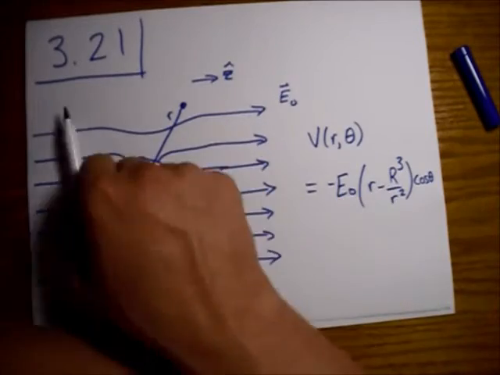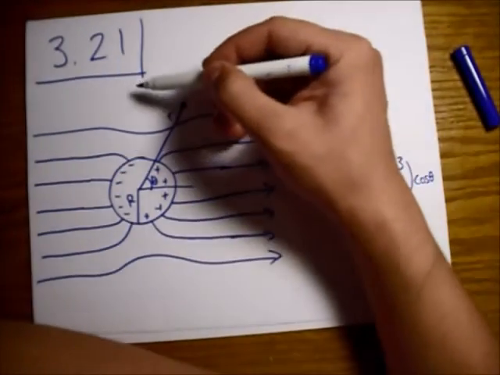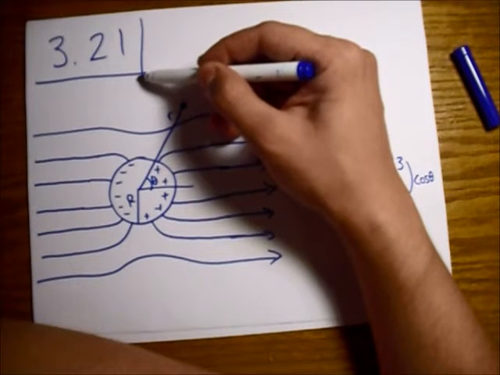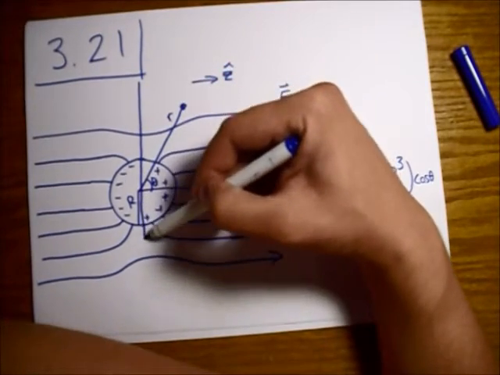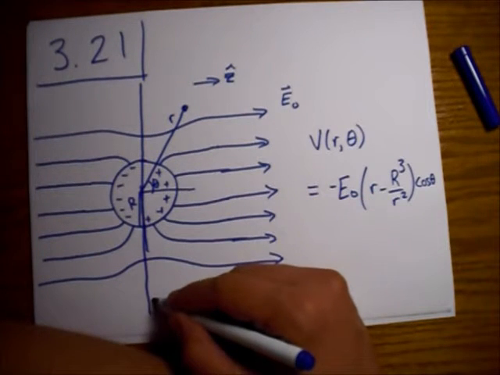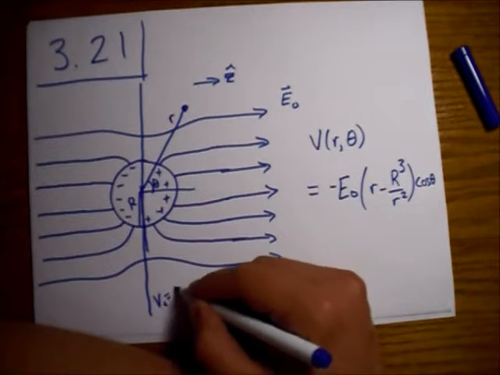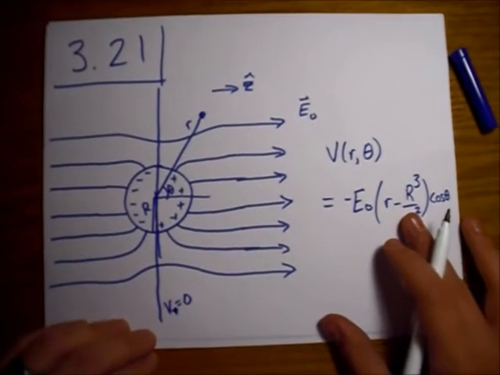In the case of just this conducting sphere that's neutral, we set the 0 point anywhere along this xy plane passing through this origin. Again, this is the neutral sphere case.